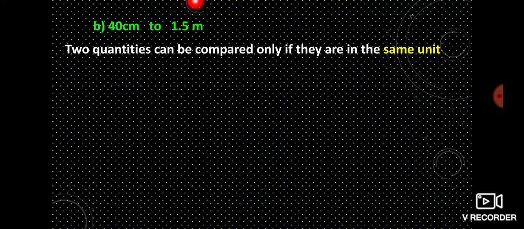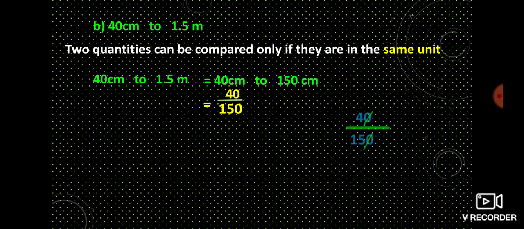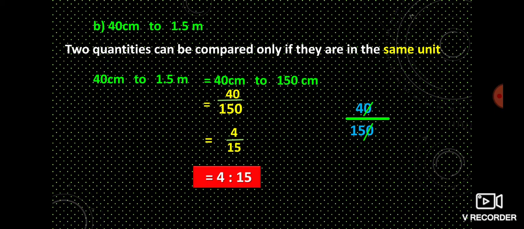So we convert meter into centimeter. 40 centimeter to 1.5 meter equals 40 centimeter to 150 centimeter. Then by dividing this, the 0 should be cancelled. There is no other number in common between 4 and 15. So the answer is 4 by 15. It's equal to 4 is to 15.